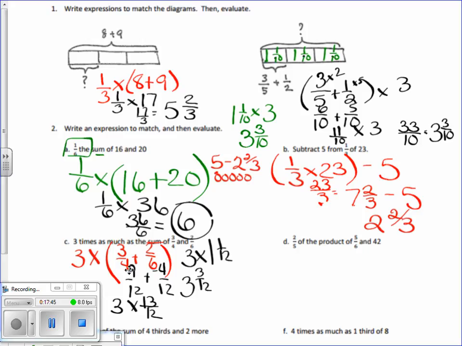But make sure you simplify by 3. 3 and 1/4. Or you could do 3 times 13 over 12, and it would be 39 twelfths, because 3 times 13 is 39.